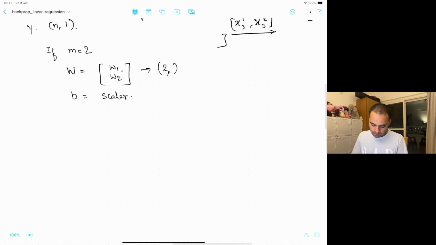So the equation for y hat would be x matrix multiply W plus b.